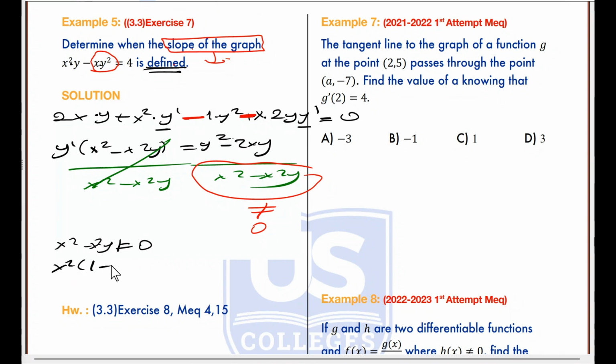X squared times 1 minus y is not equal to 0. Or x squared is not equal to 0 and 1 minus y is not equal to 0, so y is not equal to 1. So we are going to take derivative of each condition, isolate y prime, and at the end we'll have a fractional expression, so you set denominator not equal to 0.